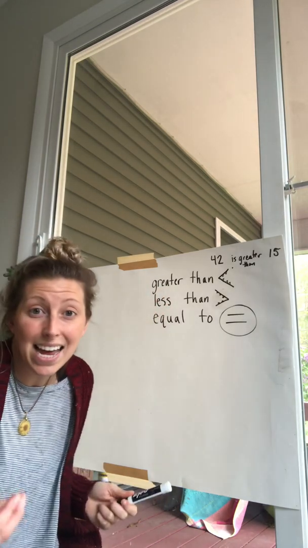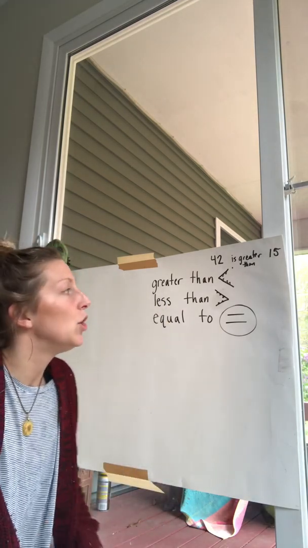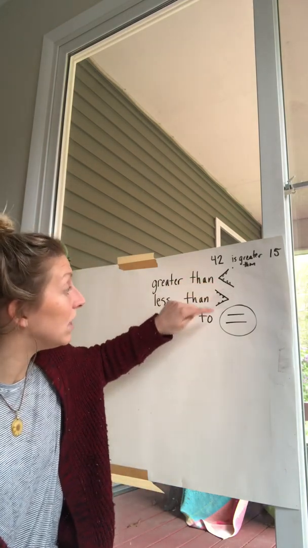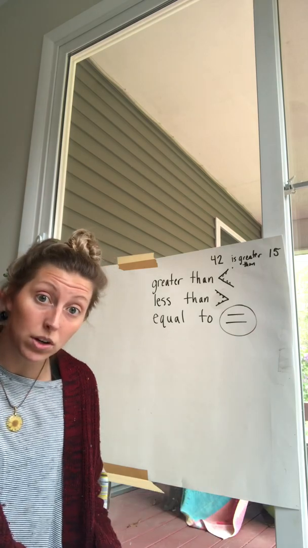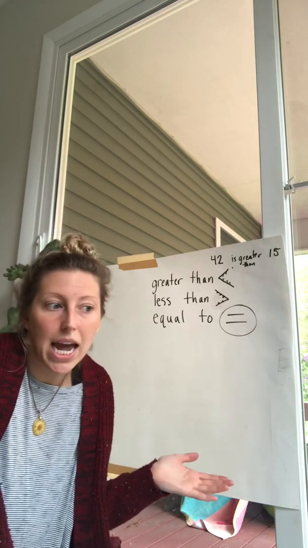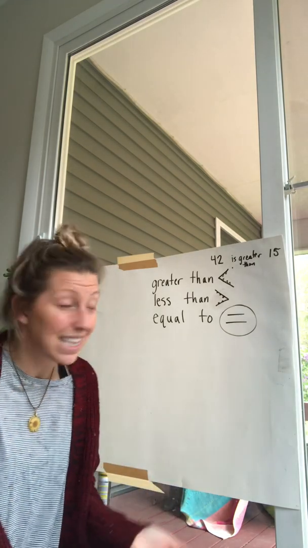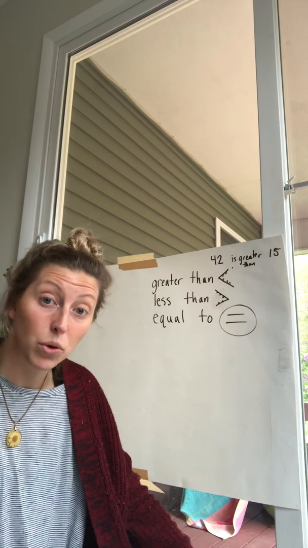Instead of writing out those words, we can substitute these 3 symbols. That lets everyone know what you're comparing, and whether it's less than, greater than, or equal to, just by looking at those symbols.